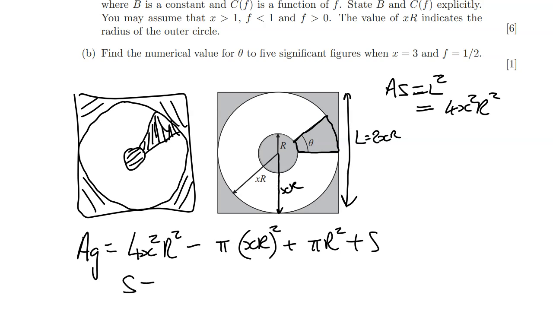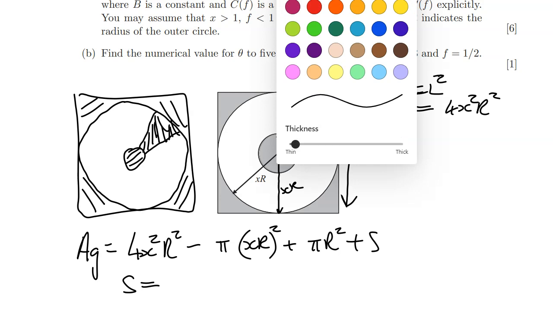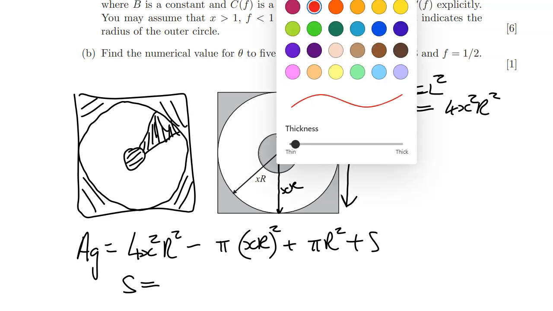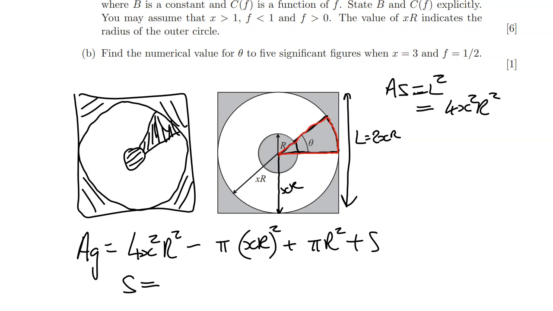Well, S equals, let me draw this in a bit further, this segment I'm going to draw in red, which is pi xr all squared times theta over 2 pi, because that's the fraction of the big circle that segment is.